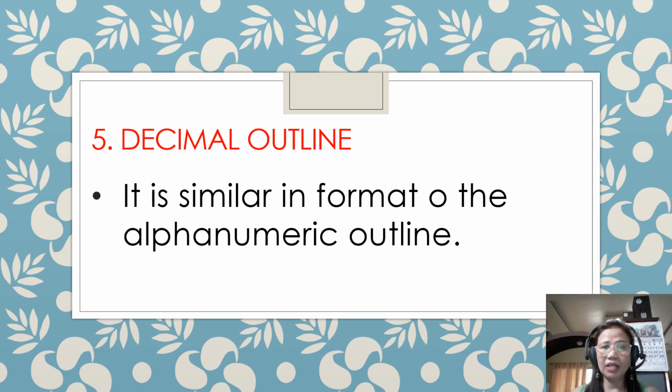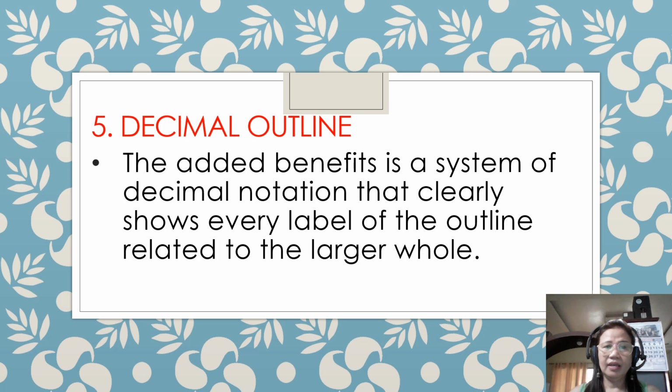Next, decimal outline. It is similar in format to that of an alphanumeric outline. The added benefit is a system of decimal notation that clearly shows every label of the outline related to the larger whole. A decimal outline is a form of outlining that shows how every part of a paper relates to the paper.